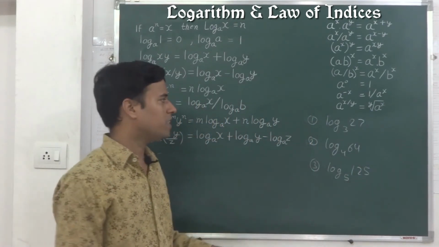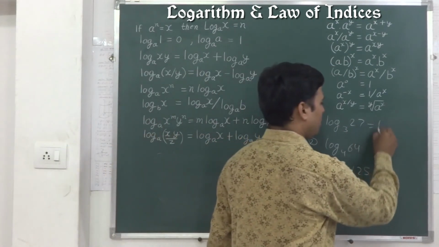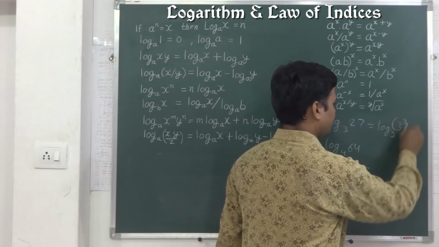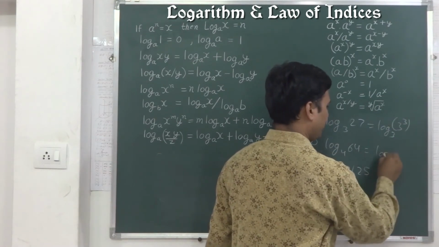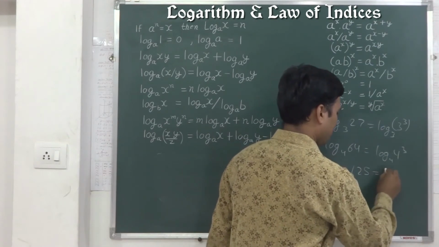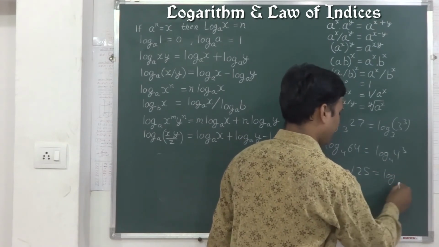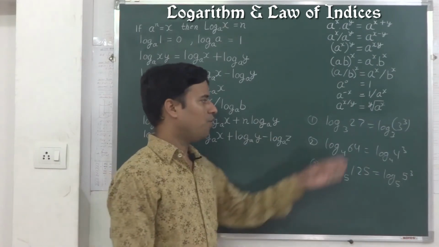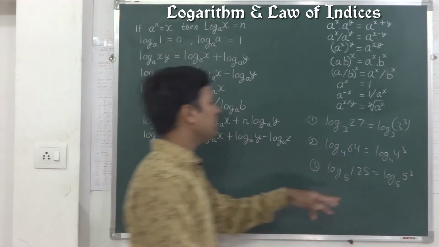You can easily solve them. Log base 3 of 3 power 3, log base 4 of 4 power 3, log base 5 of 5 power 3. So, what would be their value?